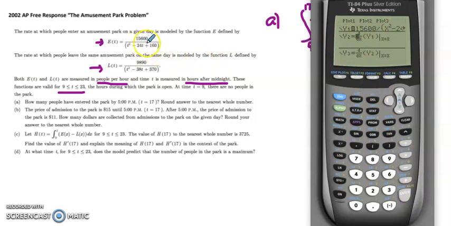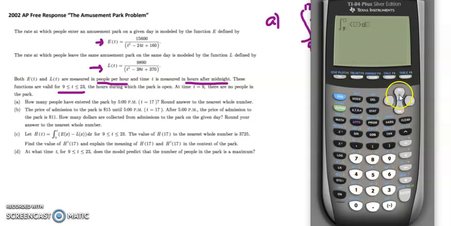And basically what I want to do is integrate what is in that y1. So I'm going to go back to my home screen. So do second quit, come back to the home screen. And I want to go to integrate. And to get to integrate, we are going to do alpha F2, and then I want choice 4, which is the integral.